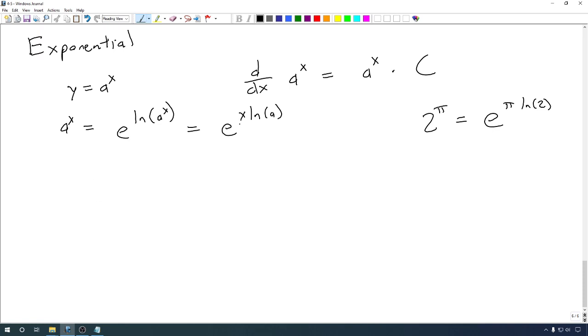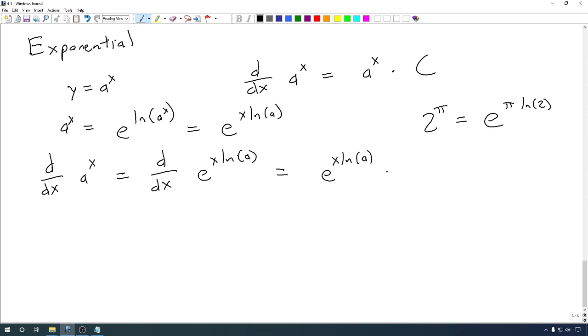The point here, though, is that I can make use of this formula to differentiate this function. The derivative of a to the x is the same thing as the derivative of e to the x ln of a. And now I know how to differentiate e to some power. That power just has an extra factor of ln of a in it, though. So I use the chain rule. I'll take e to that power, and I'll multiply by the derivative.